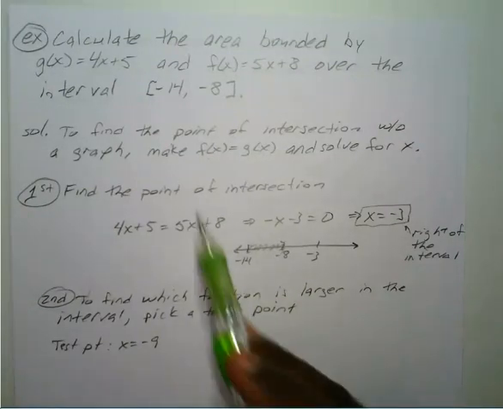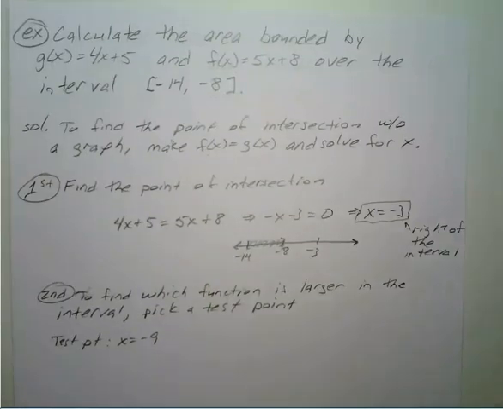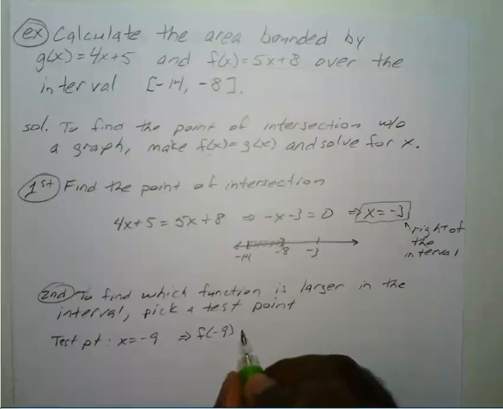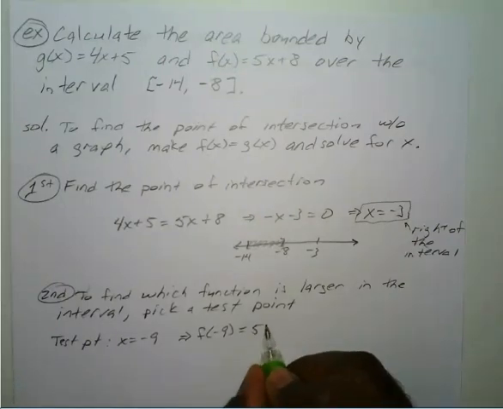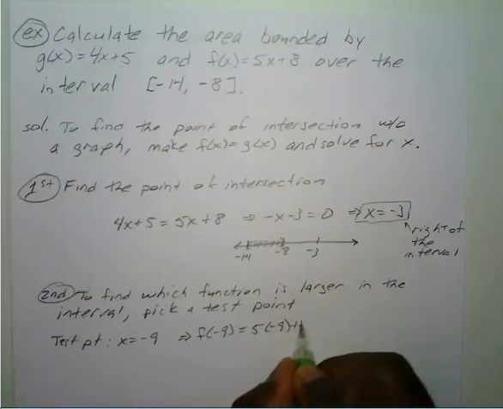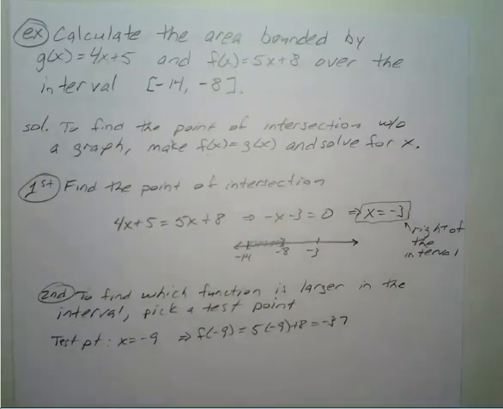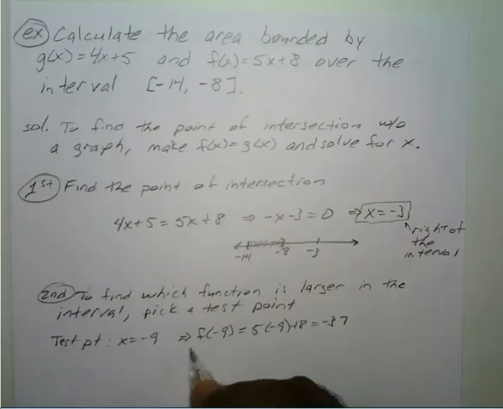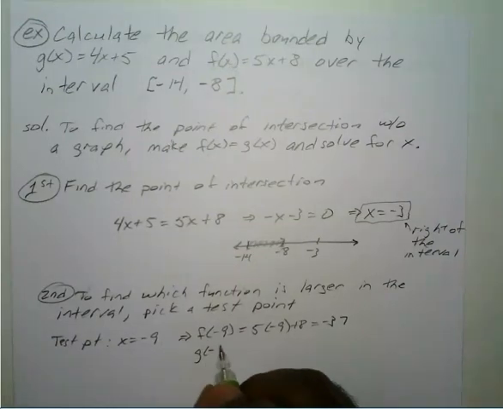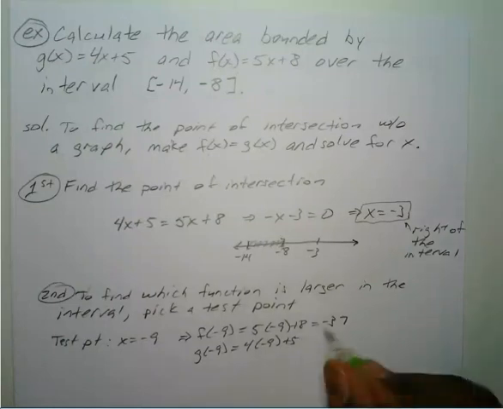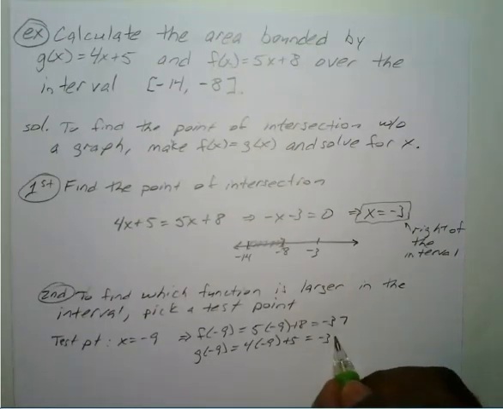And you plug that value into your f of x and g of x. Okay, so f of negative 9 is going to equal 5 times negative 9 plus 8, which is negative 37. And g of negative 9 is 4 times negative 9 plus 5, which is negative 31.